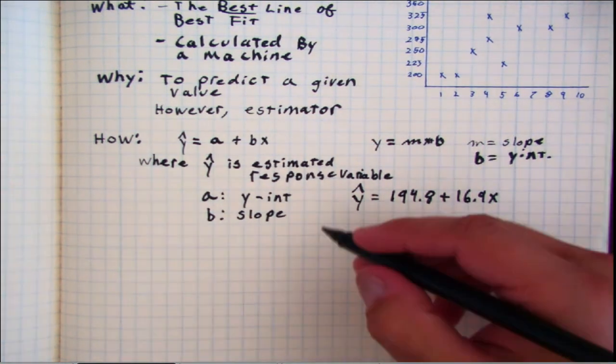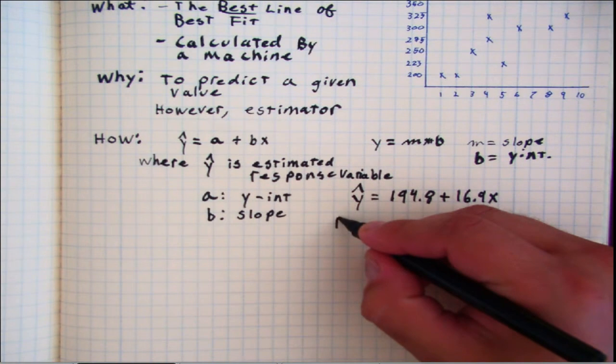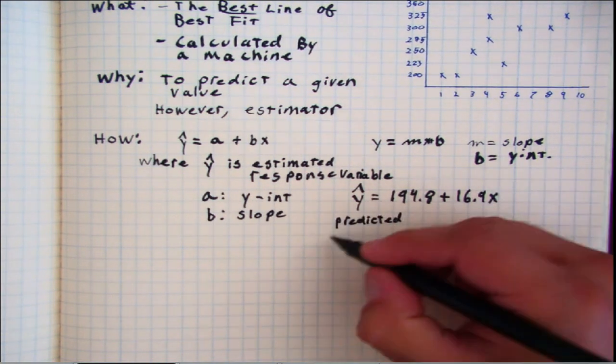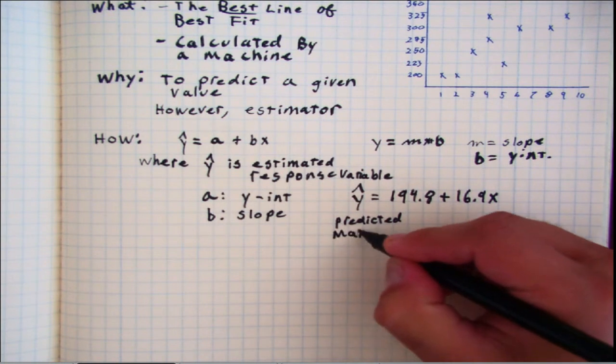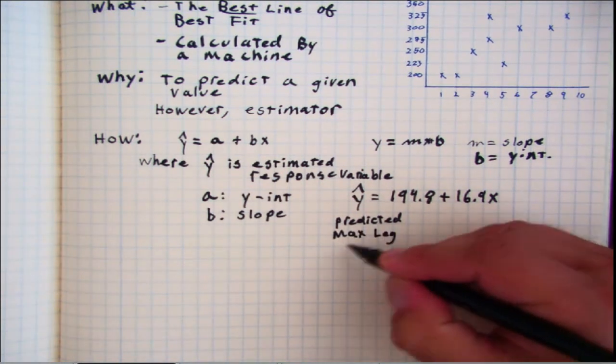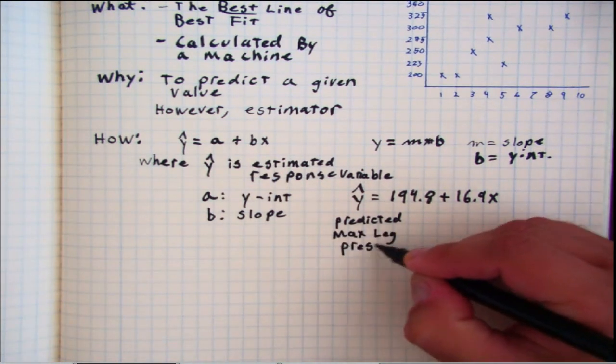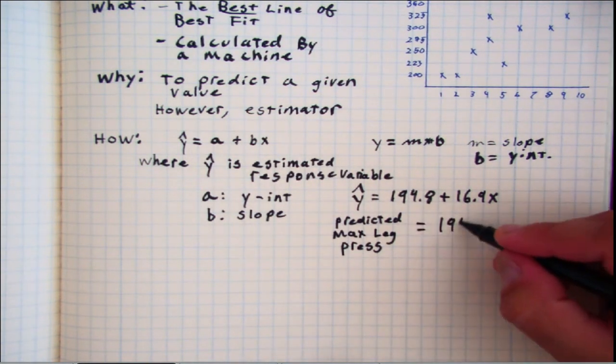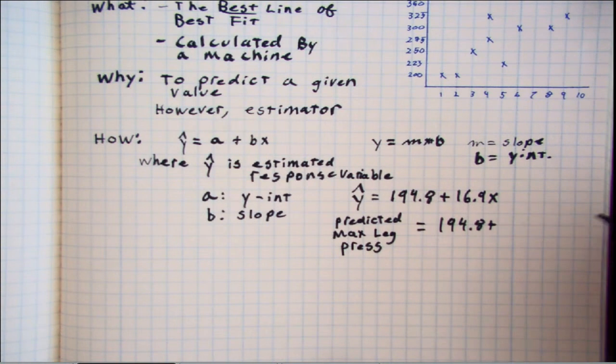So we're going to say that the predicted max leg press from the study is equal to 194.8 plus 16.9 times the number of hours spent training.